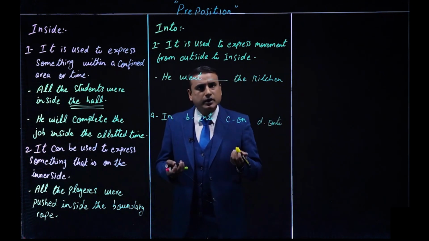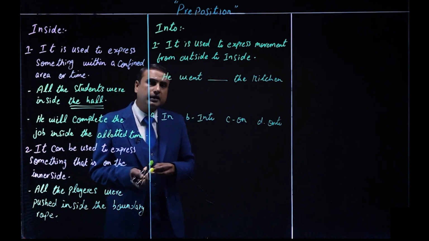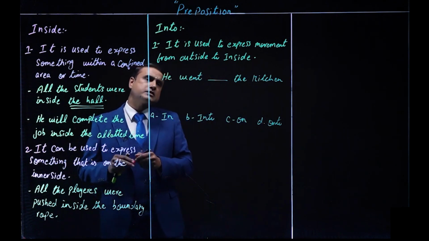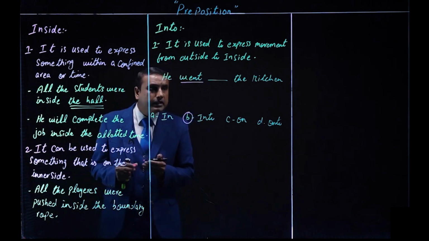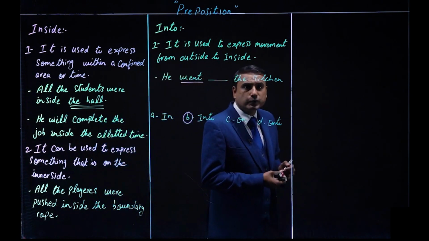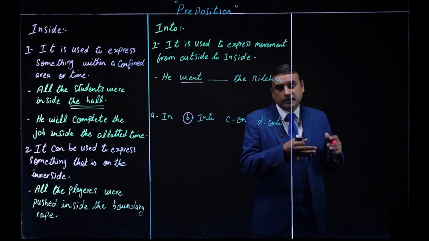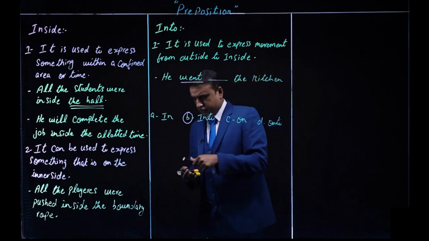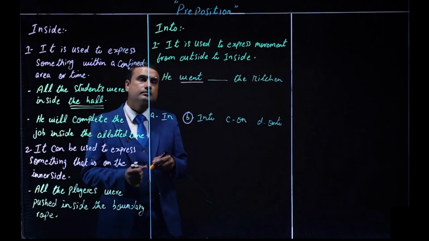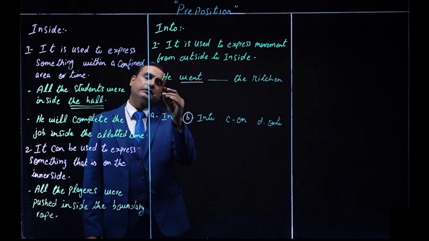Now on and onto, we know it is irrelevant, and because he is moving, our correct option will be he went into the kitchen. It means that he was not in the kitchen, he was standing outside the kitchen and then he moved into it.